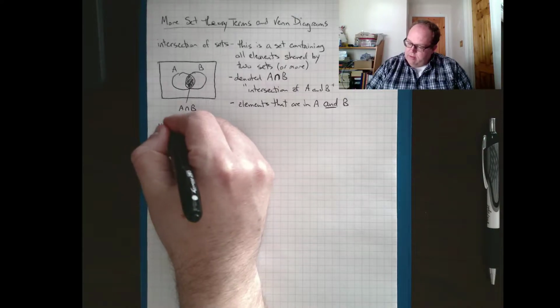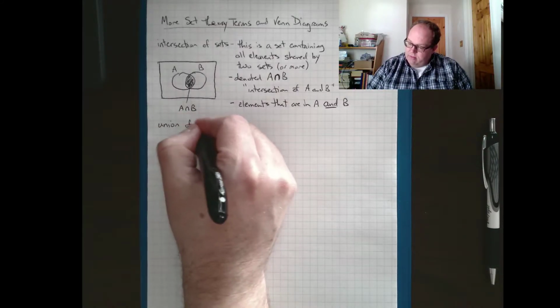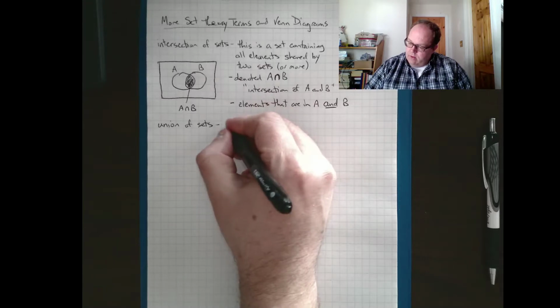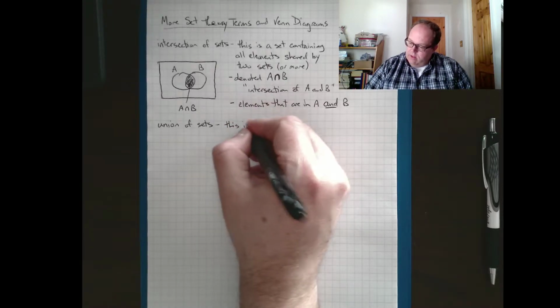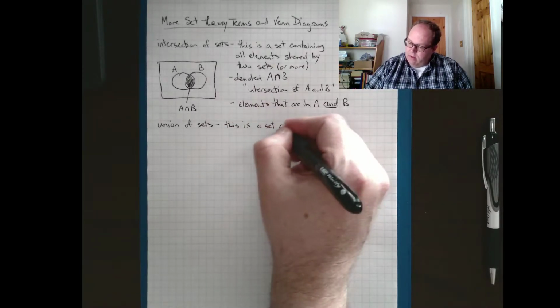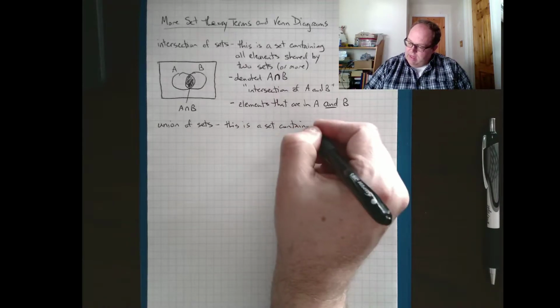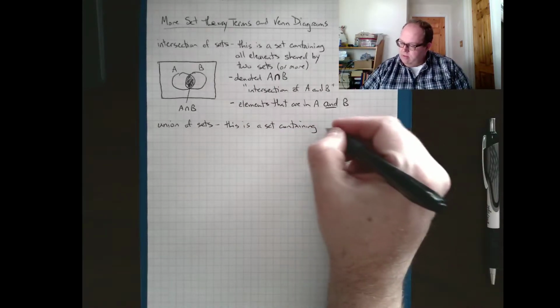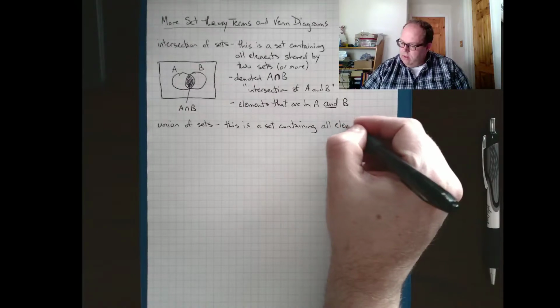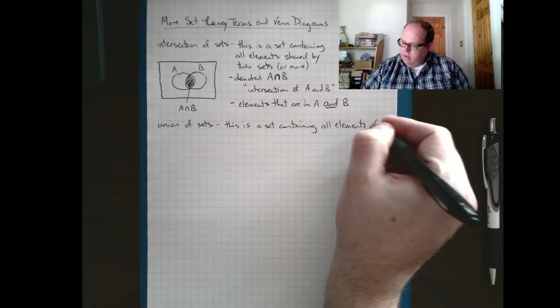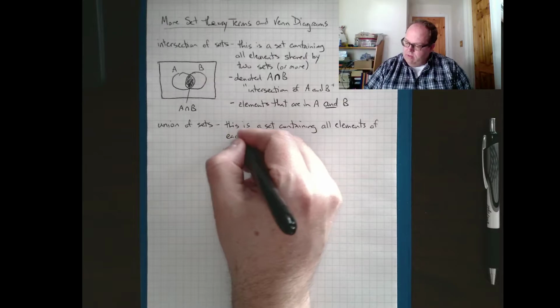We also talk about something called a union of sets. This is a set containing all elements of each set in the union.